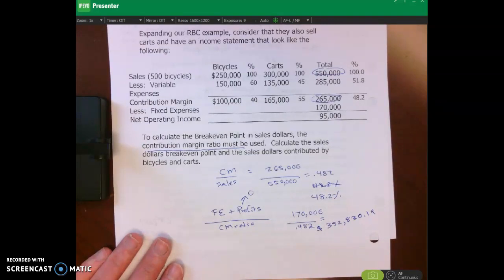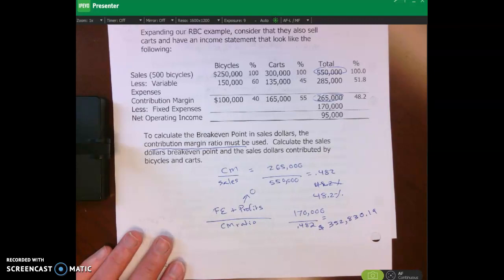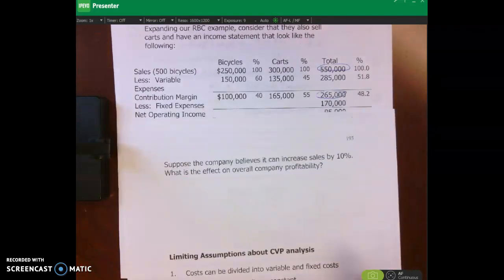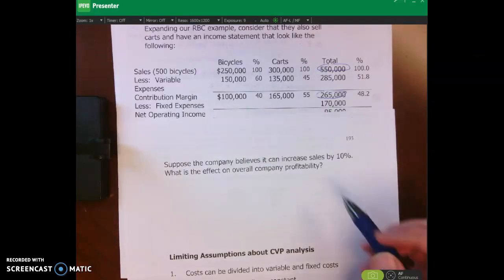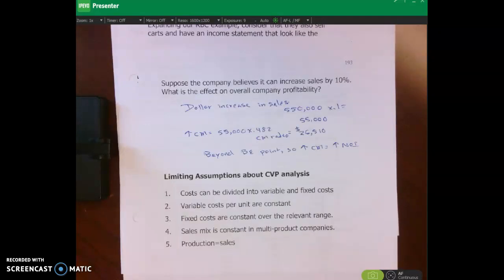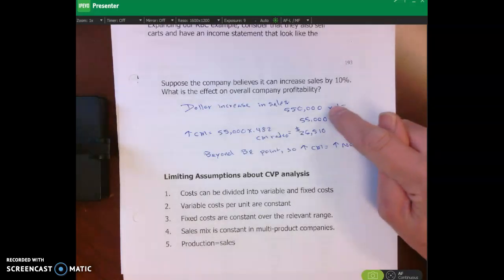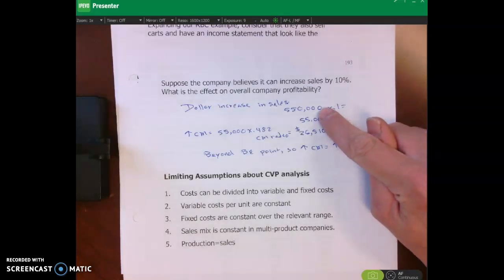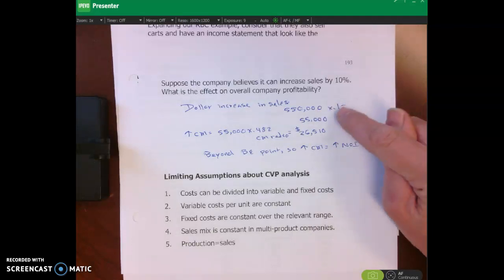Okay, so what I want you to do is this problem on page 193. Pause the lecture video, do this problem, and then let's come back and see how you would have solved it. Okay, so let's see how you did. This is the way I solved the problem. Our sales are 550,000, increasing by 10%.